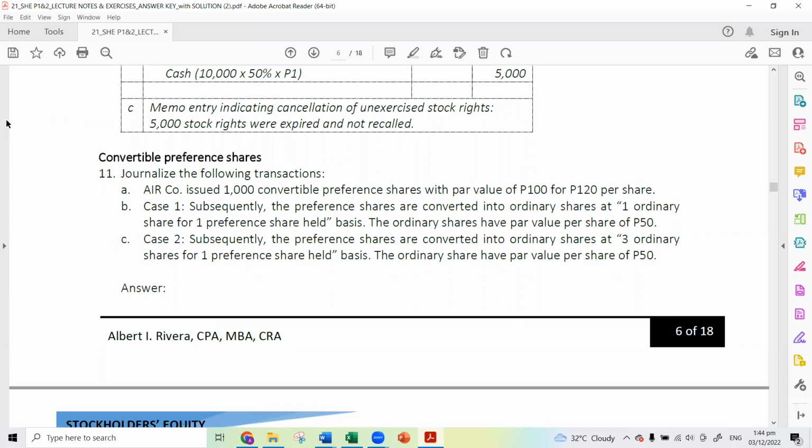So, again, when preference shares convertible to ordinary shares, no? The entity has issued only one type of financial instrument or equity instrument, but of different classes. Okay? So, mas maganda yan kapag mayroon problem. Ito, dito natin siya ipagawa.